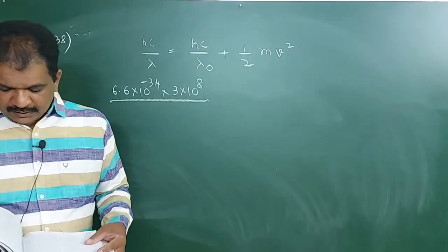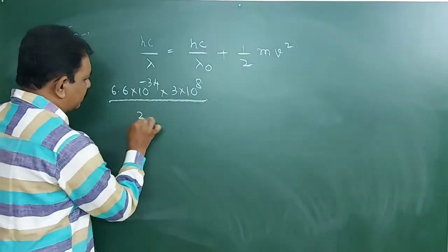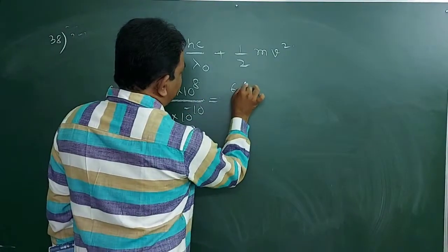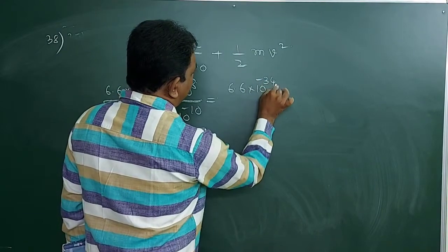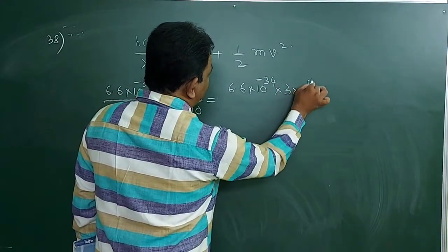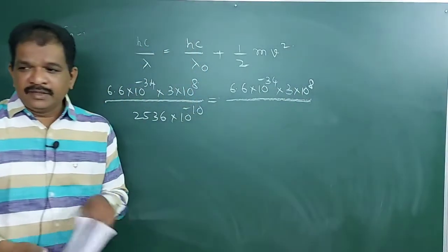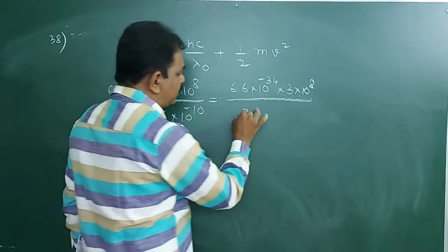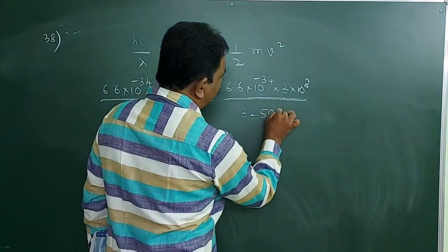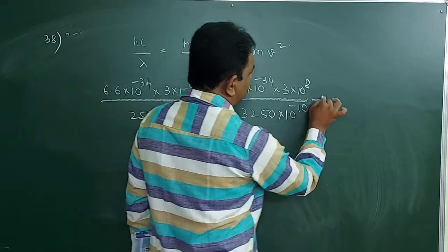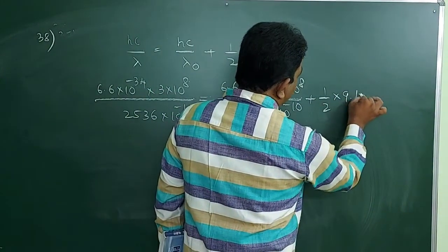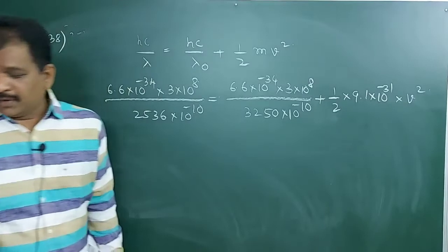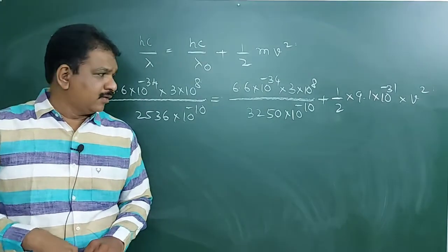The incident wavelength is 2536 into 10 power minus 10. The threshold wavelength will be 3250 into 10 power minus 10, plus half mass of the electron 9.1 into 10 power minus 31 into v square.